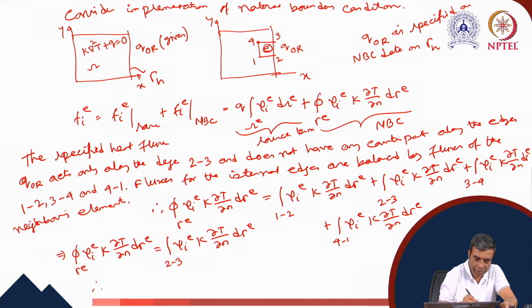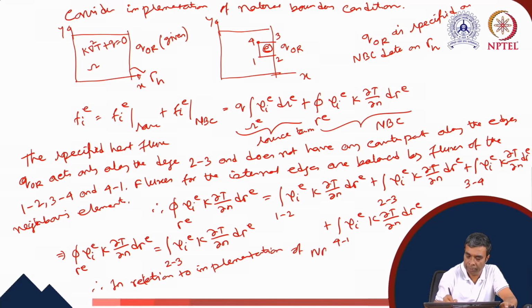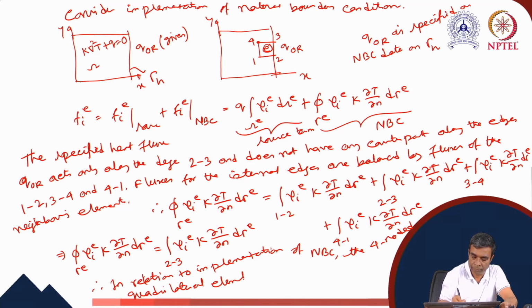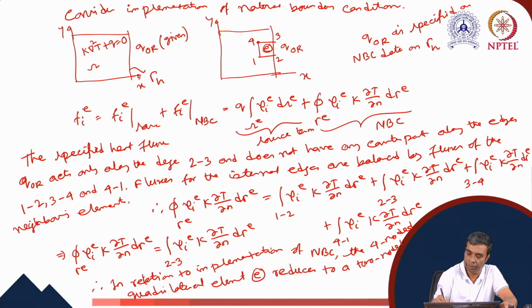Therefore, in relation to implementation of NBC, the four-noded quadrilateral element E reduces to a two-noded or linear bar element.